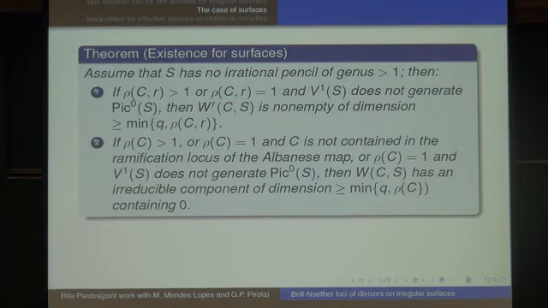Or again, for rho of C equal 1, you ask that V^1(O_S) does not generate, then we have a more precise statement: not only does this have the expected dimension, but there is a component of this dimension that contains 0.